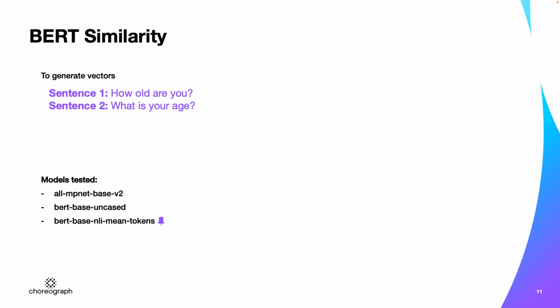At the moment, we have ended up using the BERT-based NLI mean tokens. This is the best kind of model that works for the similarity matching. And of course, there are some other pre-trained models that were specifically built and trained for similarity matching, and the best of them is BERT ER, also known as BERT entity resolution.